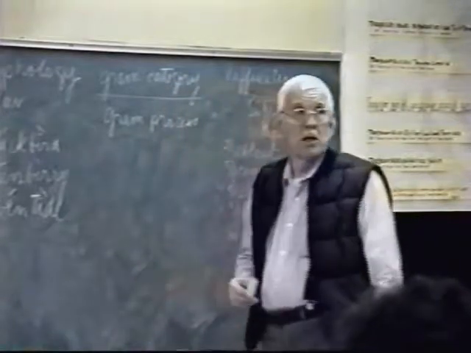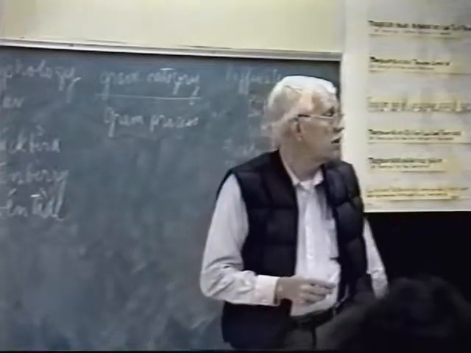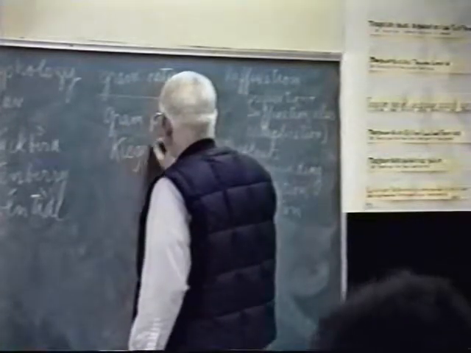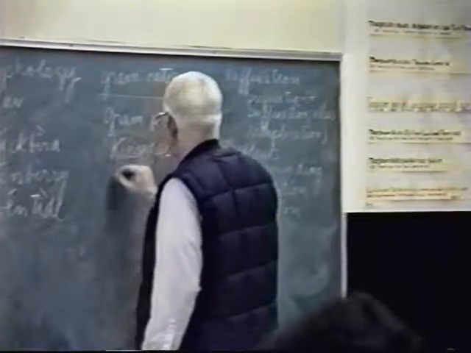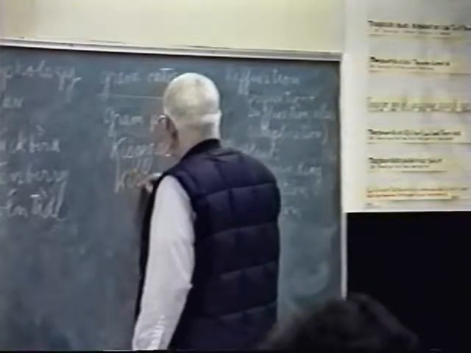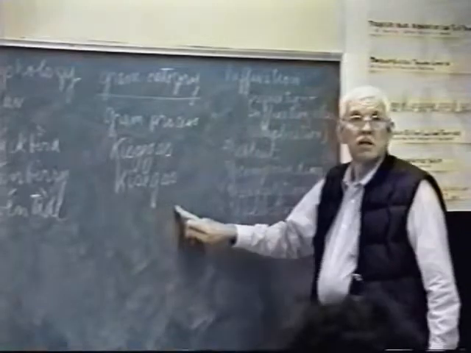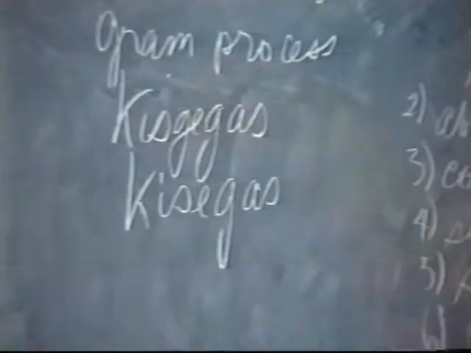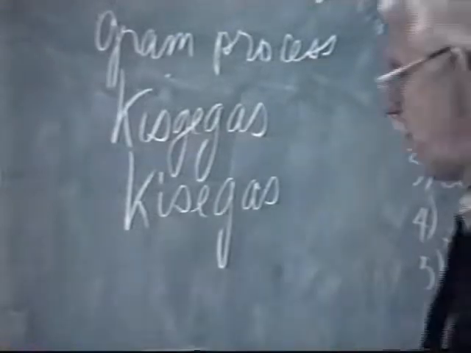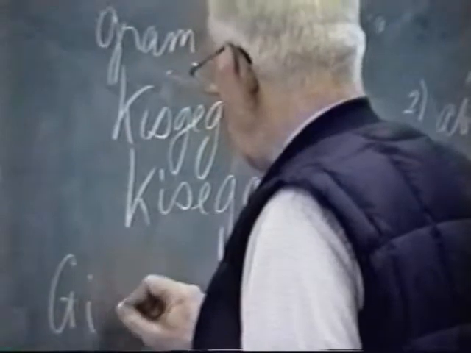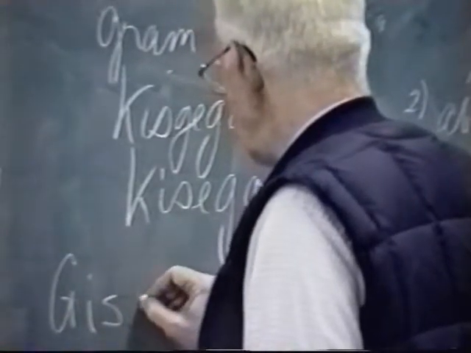The village, which in English is called Kiskagas, it's spelled in English like this, but sometimes you see it written like this, Kisagas. And I often wondered why there were two ways of writing it in English. Now, when I first learned the name, I learned it as Gitksan.